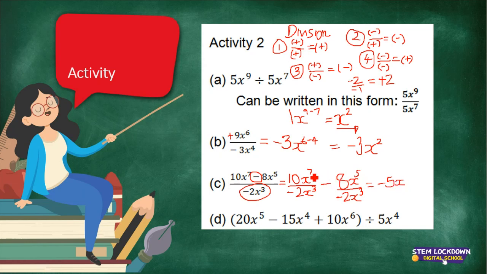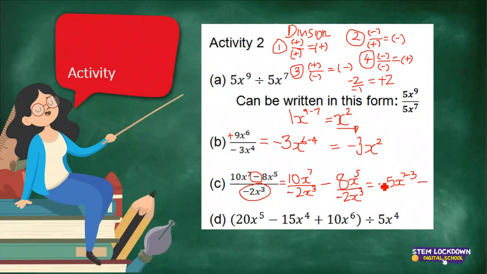We need to subtract 7 and 3 because we're dividing x in the numerator and the denominator. So I'll have 7 minus 3. And then don't forget this negative sign, it's minus.